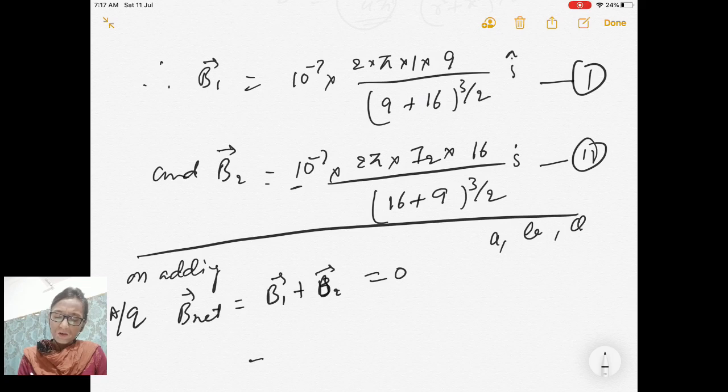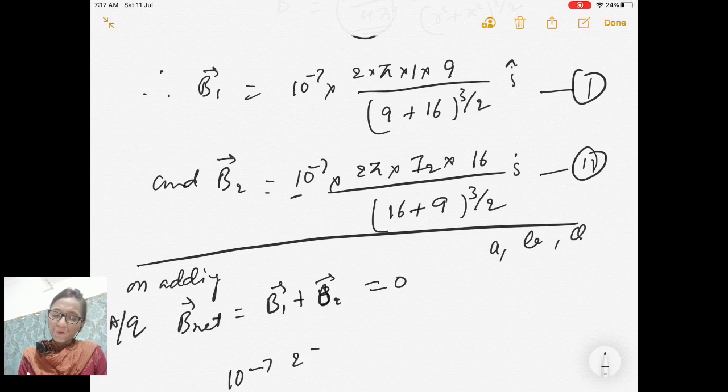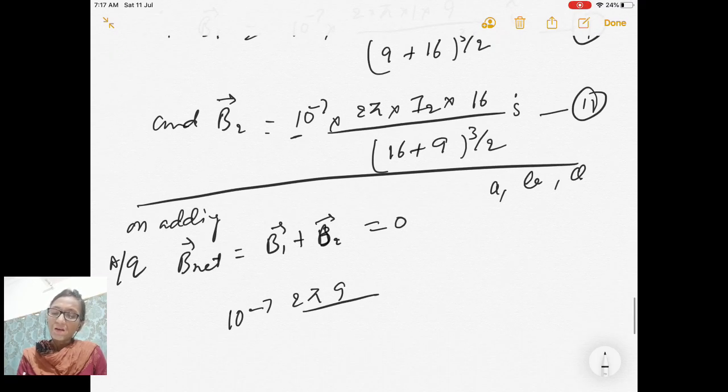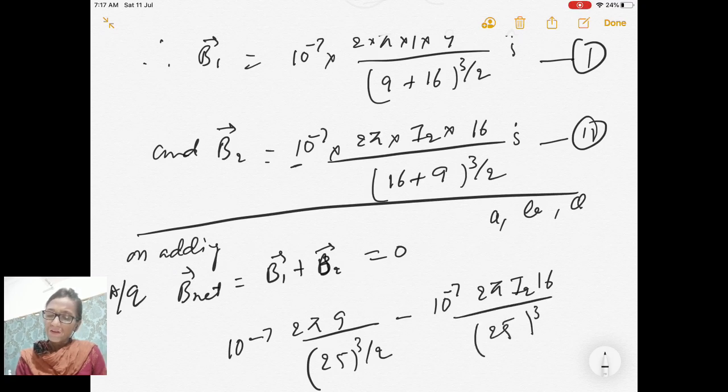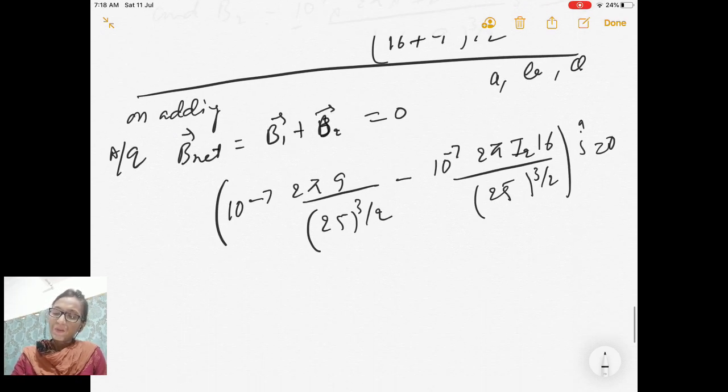So this is 10 to the power minus 7 into 2 pi, 9 upon 25 whole power 3 by 2, minus 10 to the power minus 7, 2 pi I2, 16 upon 25 whole power 3 by 2, into i cap equal to 0. This implies 10 to the power minus 7, 2 pi, 9 upon 25 whole power 3 by 2 equals 10 to the power minus 7, 2 pi I2, 16 upon 25 whole power 3 by 2.